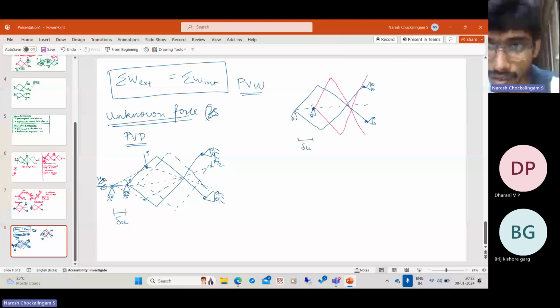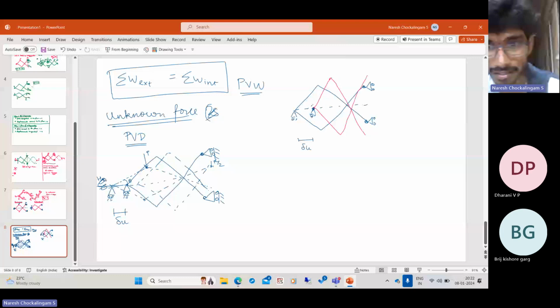So here we have P. Here you have P by 2. And here HR is acting. So the net force, the total work, is HR delta u. And here the change in angle is delta theta.